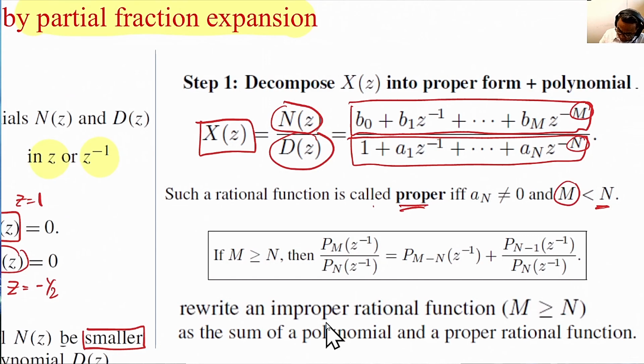If it is not, we must perform long division, and then we will get a polynomial part plus a proper-form part, where the numerator power is less than the denominator. So we are decomposing this rational function into two parts, such that this part has a power that is less than the denominator.